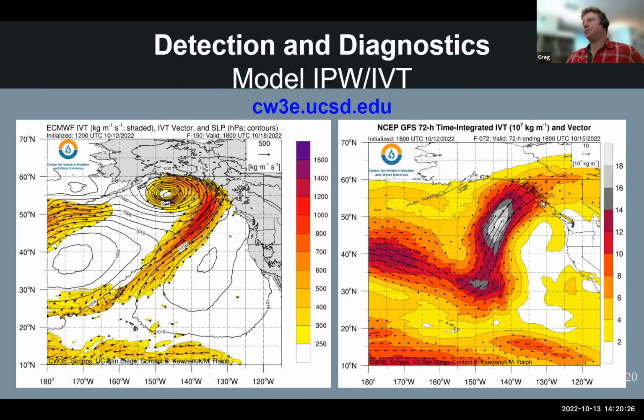And this is important because one of the characteristics that can make atmospheric rivers particularly devastating is that they can sometimes hang out over a certain region for an extended period of time. And so if you're looking at a multi-day period of high integrated vapor transport, then that's what is going to cause really big flooding issues.